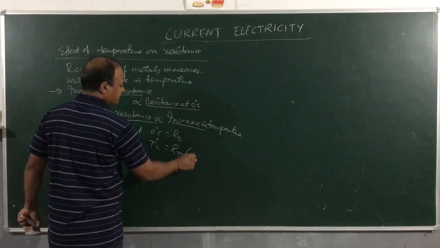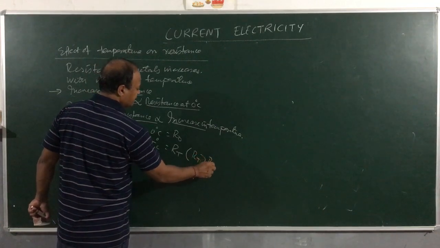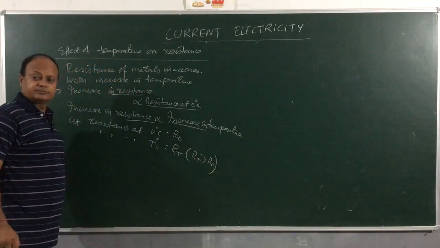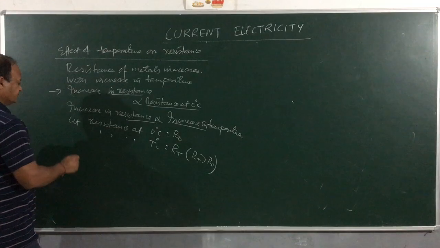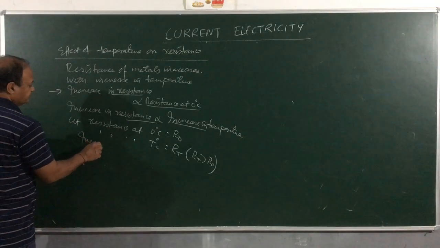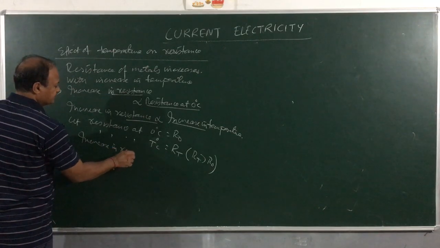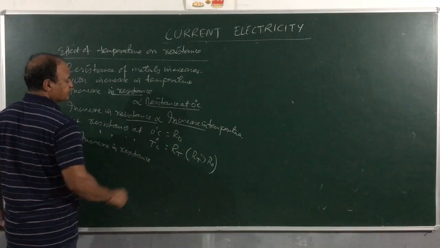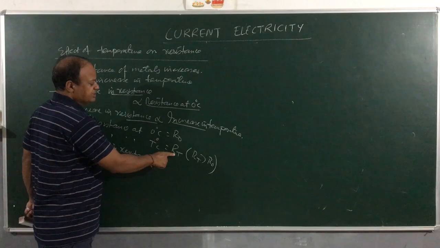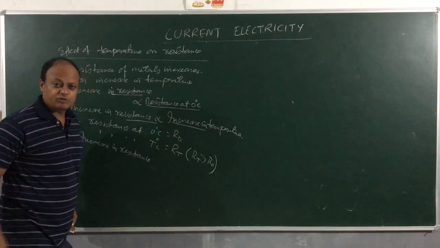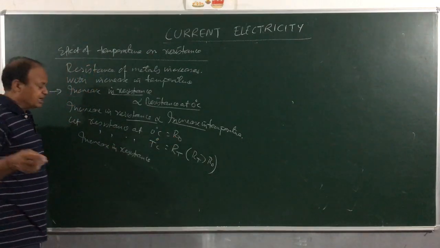Then we know that RT will be more than R0. So what is increase? Increase in resistance, children. RT is the final resistance and R0 is initial resistance. So what will be the increase? RT minus R0.